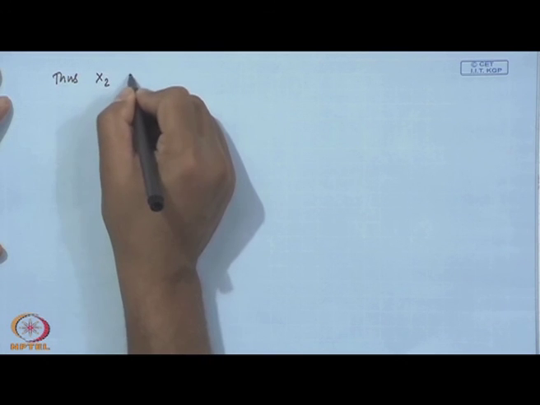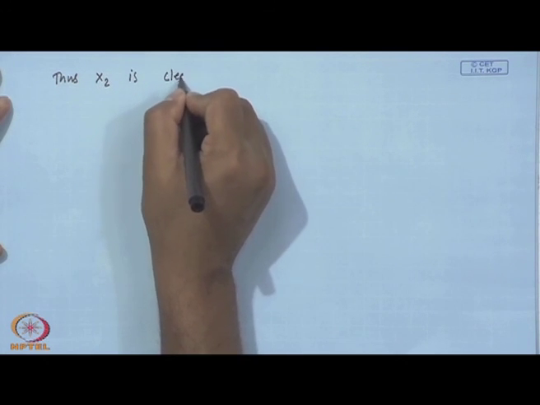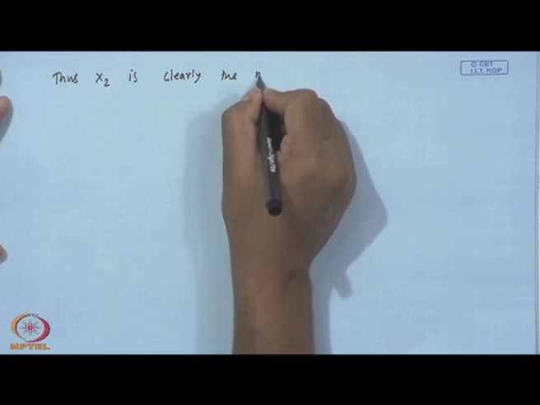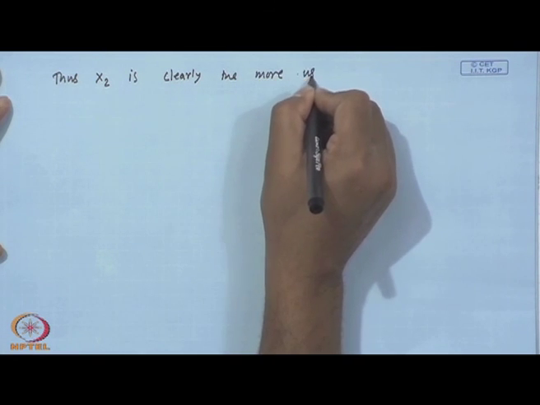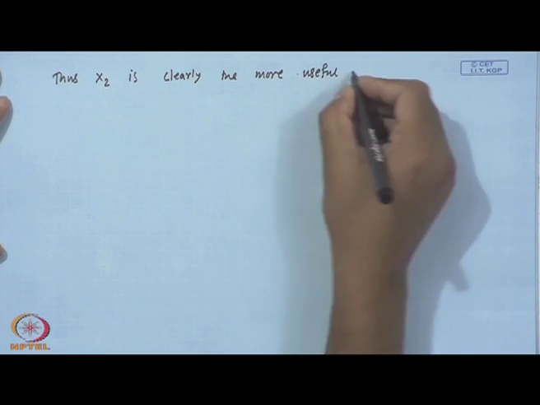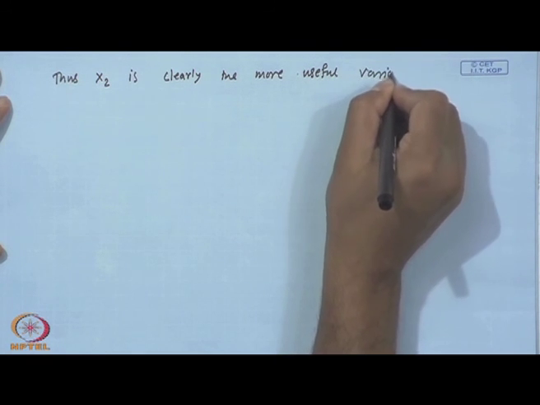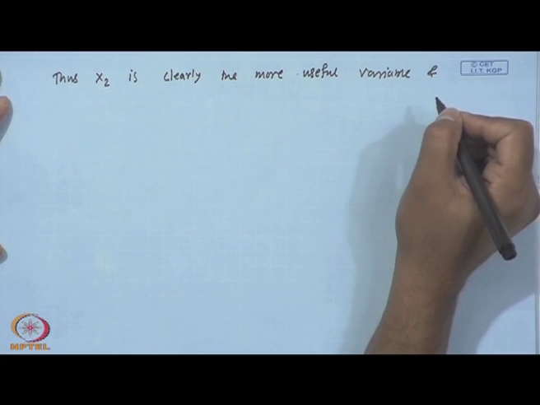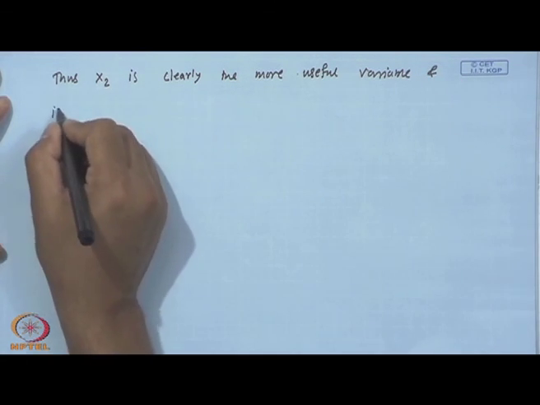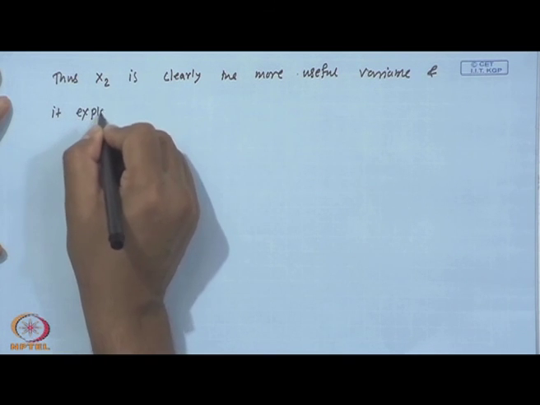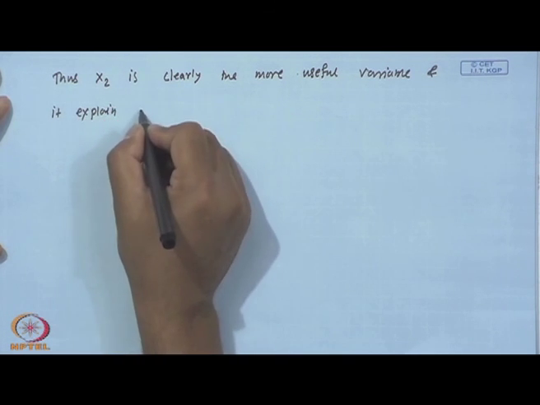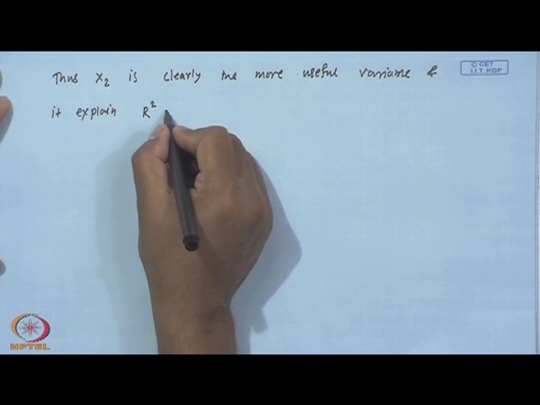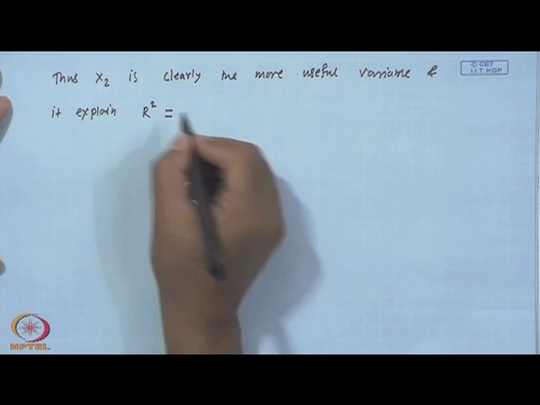Let me also conclude that thus x 2 is clearly the more useful variable, and it explains... I will compute the coefficient of determination R square for x 2 itself.